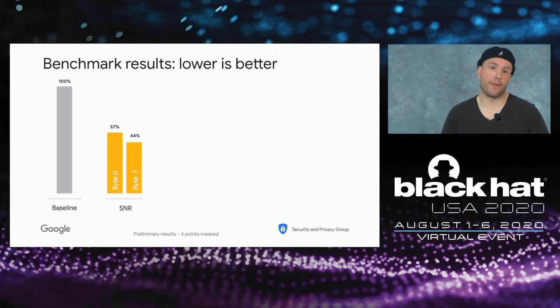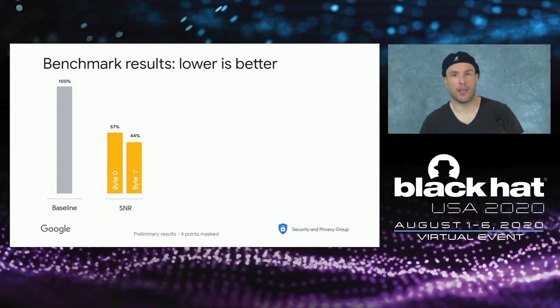So almost half. The SNR top 4 points are responsible for about 50% of the accuracy of the model. So it gives you an idea that these are really where the leaks are coming from. Similarly, fairly consistent with byte 7, where it's even deeper, 44%.